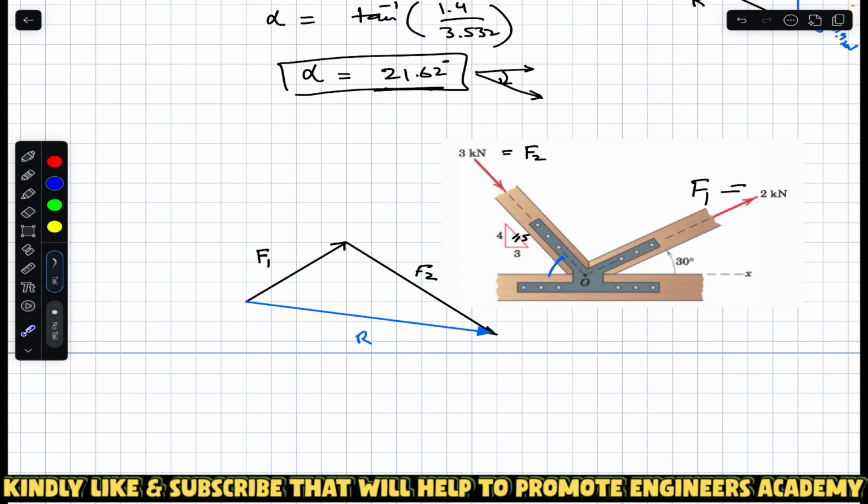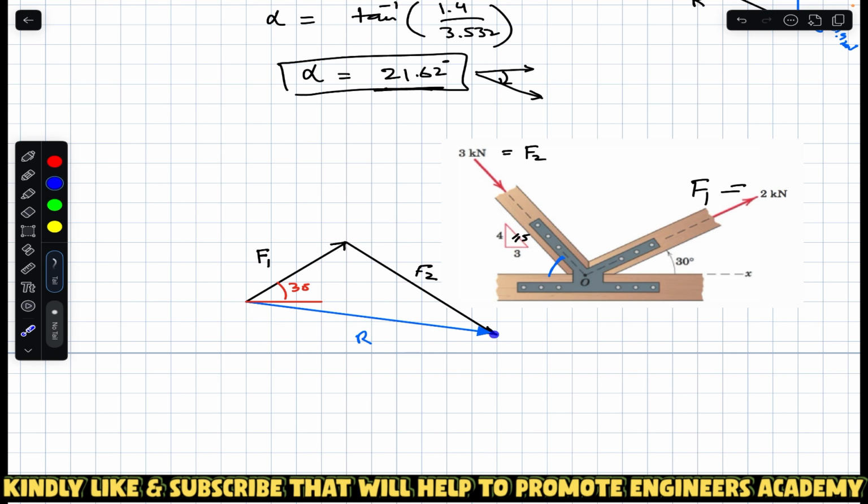Now, as you can see, f1 is making a 30 degree angle here, this is given. And f2 is making some angle with the horizontal as well, and that angle is given in the shape of this small triangle.